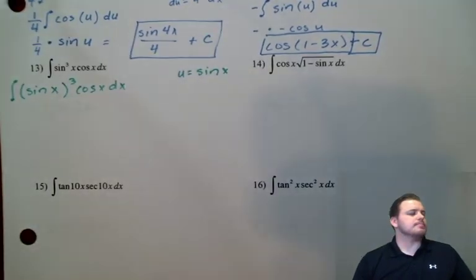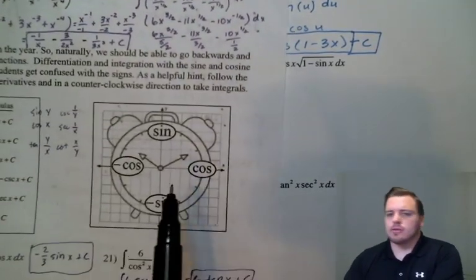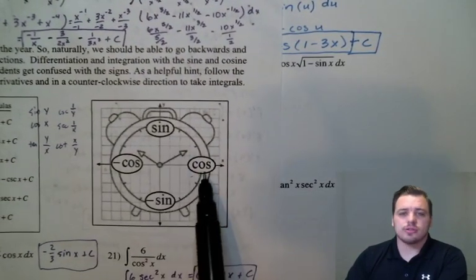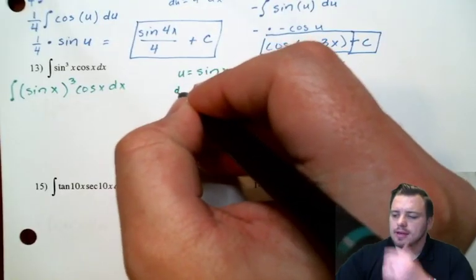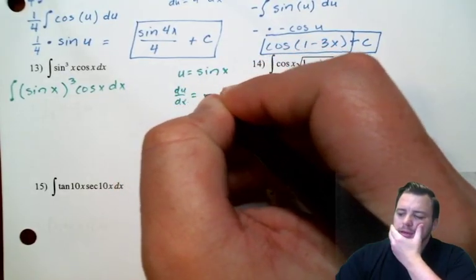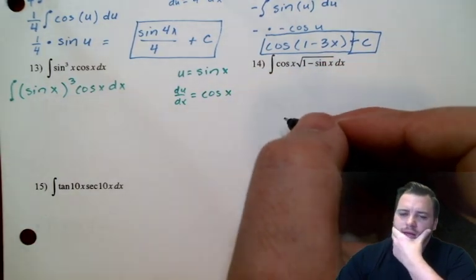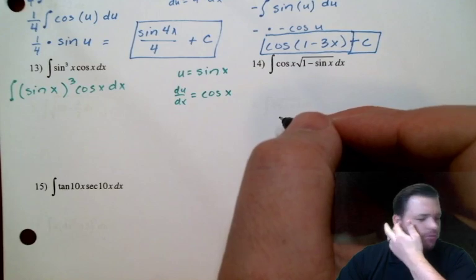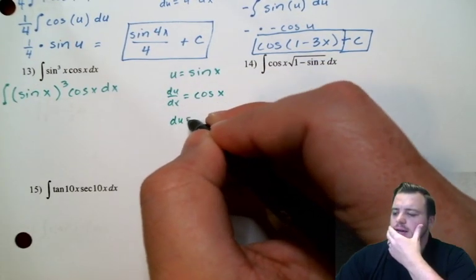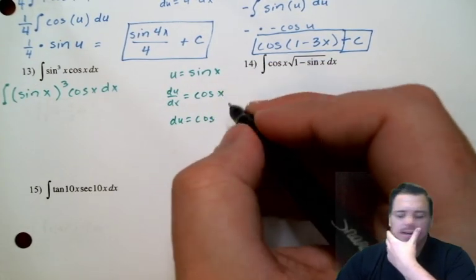Now again, you go back to your circle. The derivative of sine is cosine. So du over dx would be cosine x, and that would take us to du, which is cosine x dx.